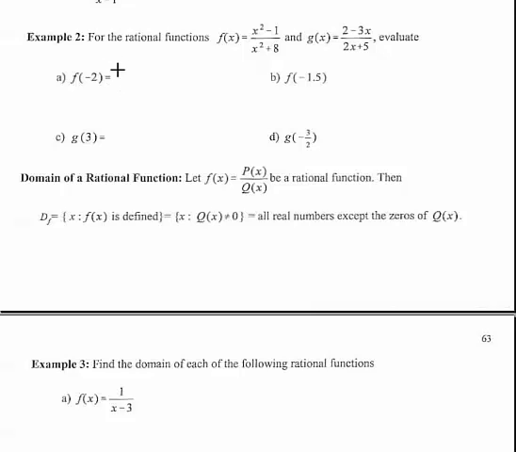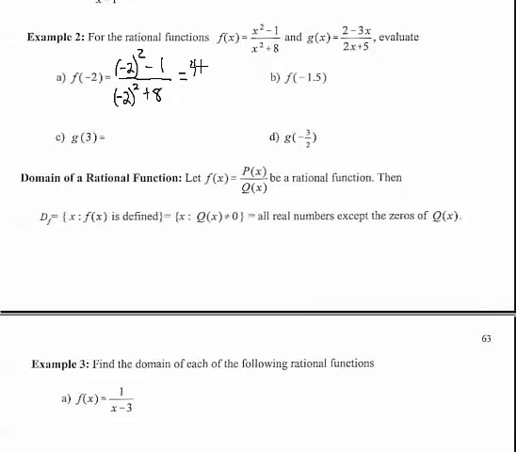what will we do with these problems where we just simply evaluate the function at the number inside? Okay, we want to put in a -2 into f. So we have -2 squared minus 1 on top, and then -2 squared on the bottom, plus 8.